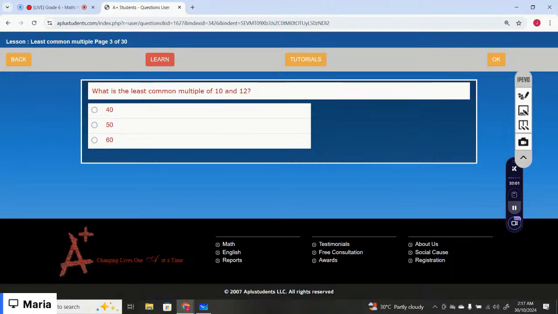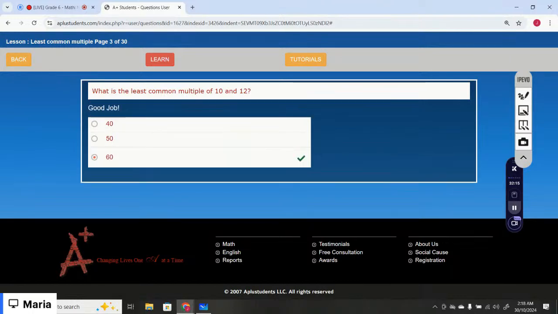The correct option is 60. It is option number 3. If you write the multiples for both the numbers, the only common multiple here is 60. 10 times 6 is 60 and 12 times 5 is 60. That is 60. Very good.